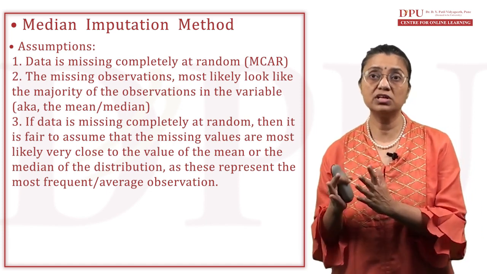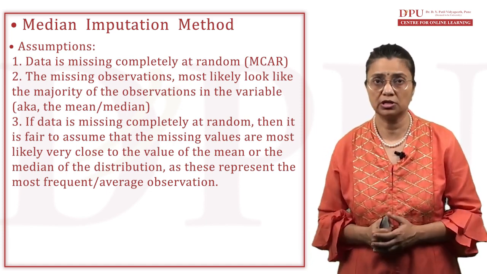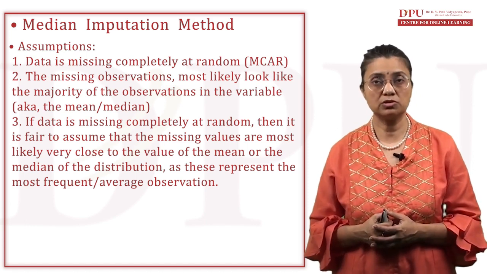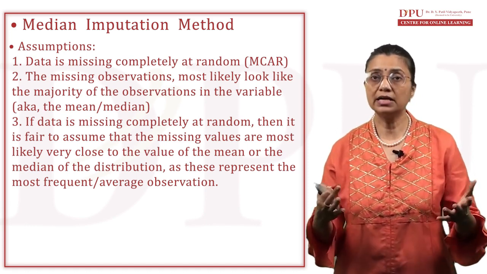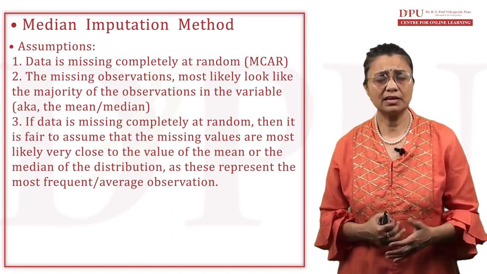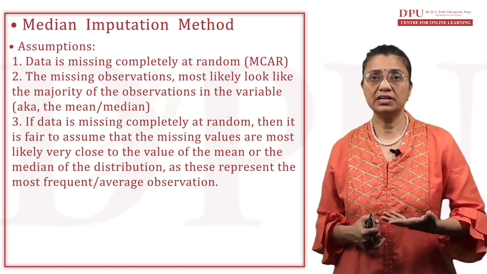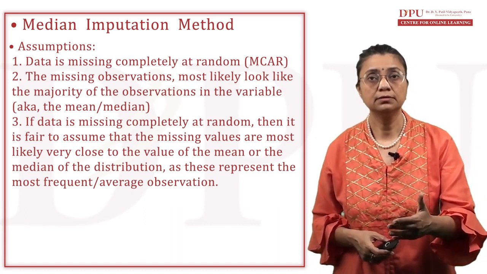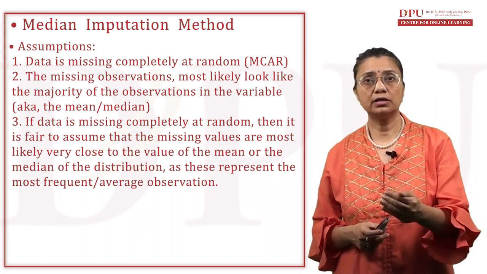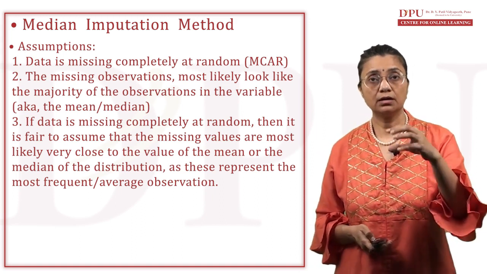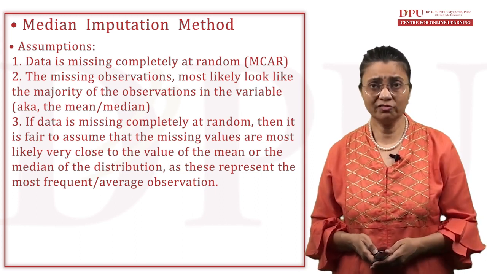If mean, median, mode is same, it means it is a normal distribution. And if the data is normally distributed, it means all the data is same. So in that case, if certain data is missing, we can definitely assume the mean or the median, and we can replace the not available values with the mean, median values.